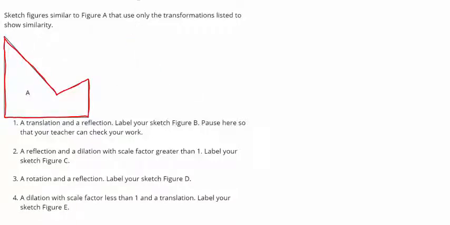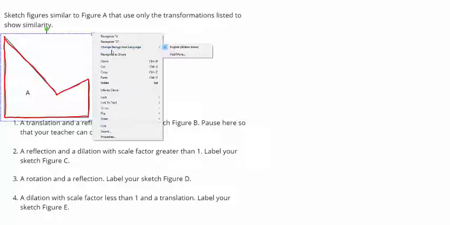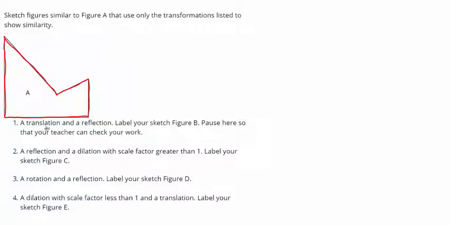Okay, close enough. All right, so this is going to be a translation and a reflection.